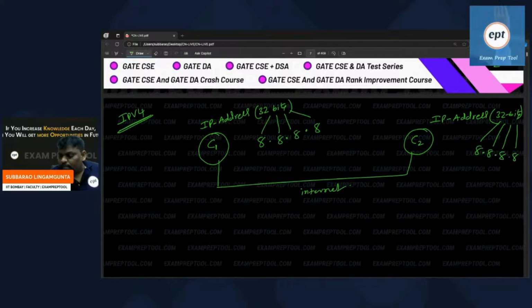These are the bits. Remember, 8 bits. So an IP address contains 32 bits according to IPv4, and those 32 bits are represented as 8 bits, 8 bits, 8 bits, 8 bits. Write this also, otherwise it will mislead you.